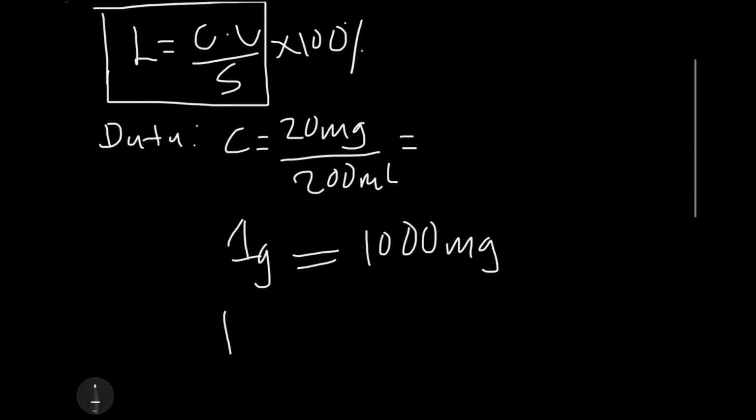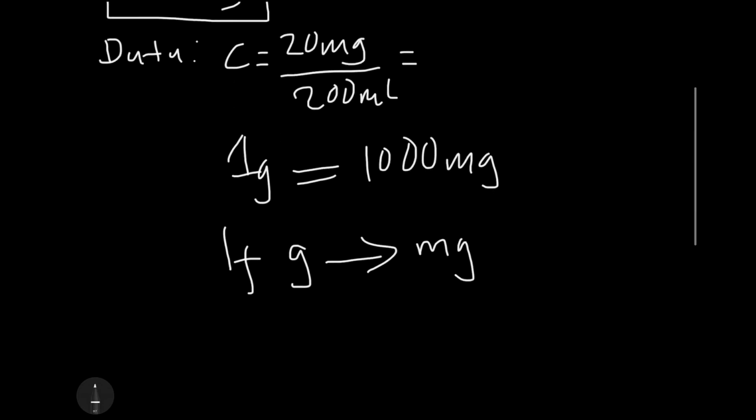If you want to convert grams to milligrams, just get your value in grams. Let's say you have 1 gram and you want to convert it into milligrams. The only thing you do is multiply it by 10 to the power 3, or by 1000.